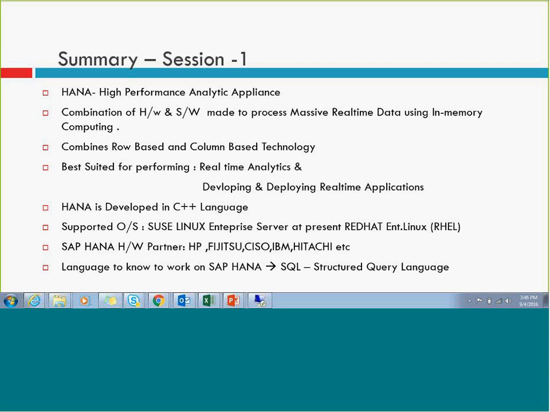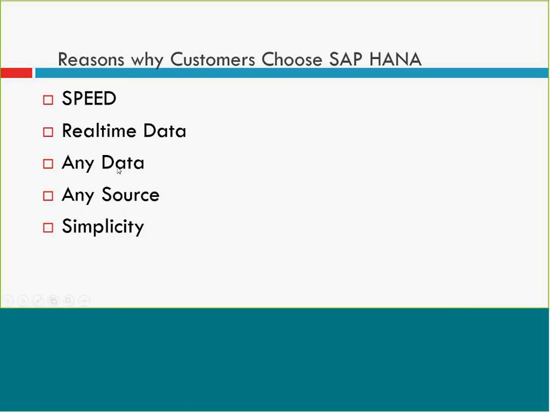So this is what SAP HANA is, and the architecture of HANA. Now, what are the reasons why customers choose HANA? SAP HANA is one of the fastest growing products in SAP's history and is viewed by the industry as a breakthrough solution for in-memory databases.